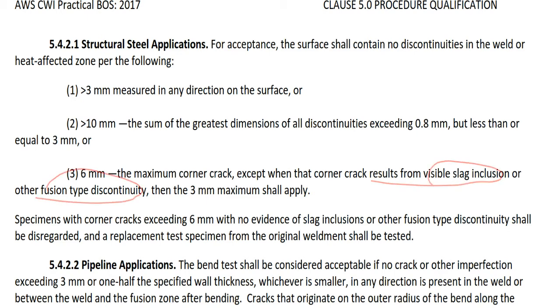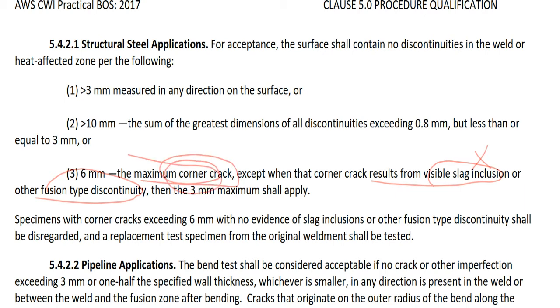You're not able to figure out what these visible slag inclusion and fusion type discontinuity are just by looking, so these conditions should be given in the question. You don't have to worry about how to figure out these two, but just see the corner crack.